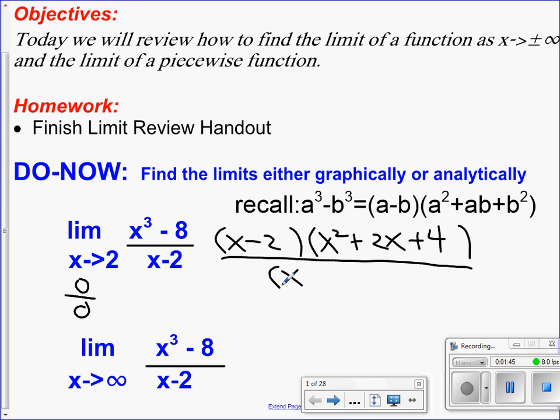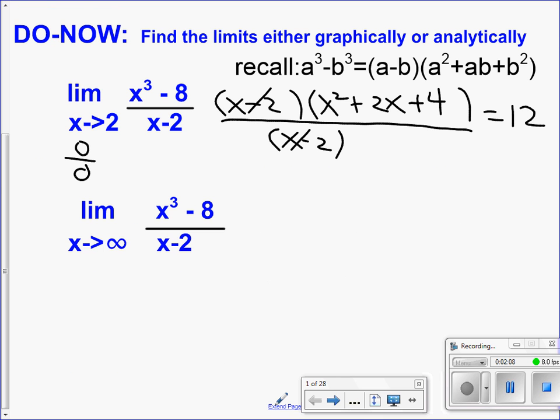Alright, so we factor, cancel. And when we substitute now, what do we get? Well, excellent. Show you that. Good job. Next one.